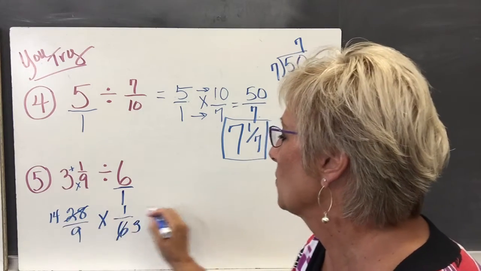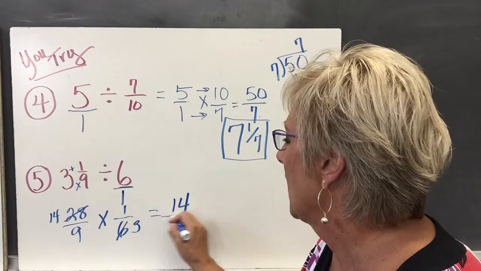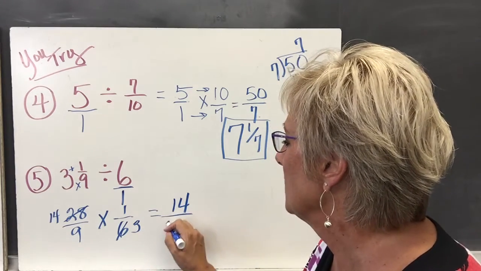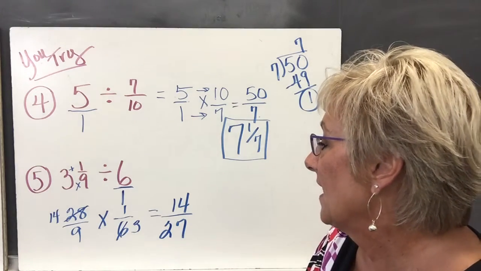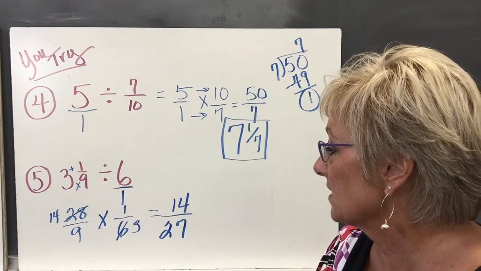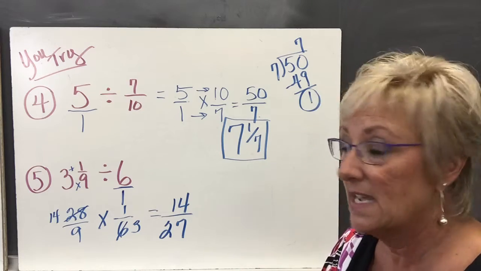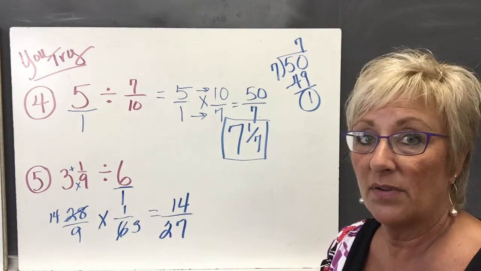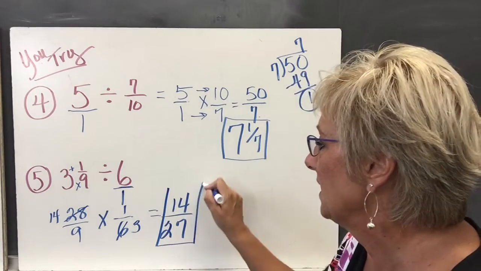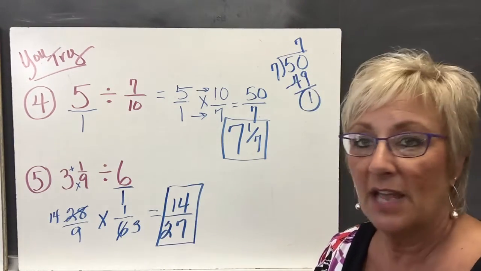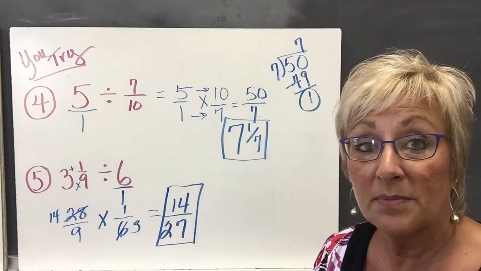So 14 times 1 is 14, and I know that 9 times 3 is going to give me 27. And when I look at this, I'm going to say there's really nothing that will go into 14 and 27 evenly. So I know that I've got it reduced down to the lowest that it can go. So my answer is going to be 14/27.